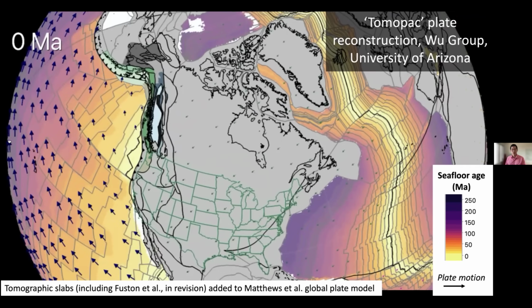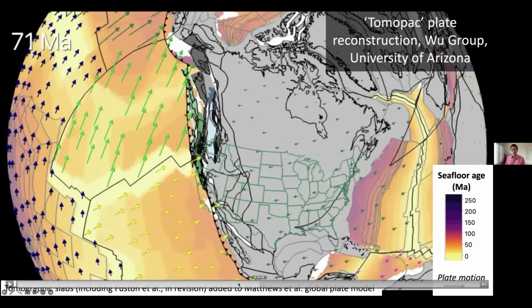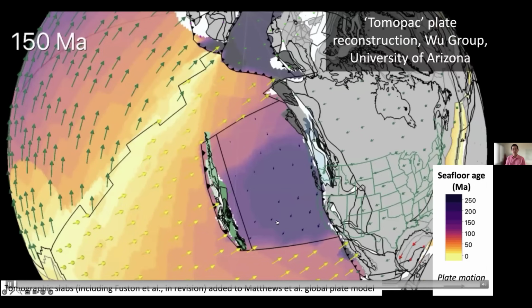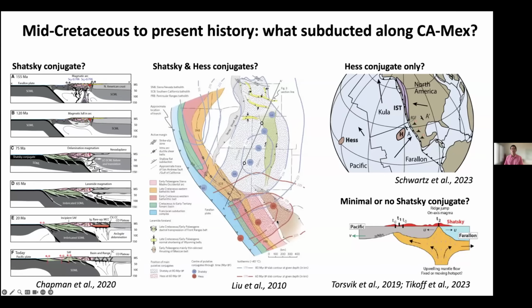Now, in the next slides, I'd like to look at the time from the mid-Cretaceous onto the present day and down here in California and Mexico. And so there are a lot of questions about what happened between the mid-Cretaceous to present along California and Mexico.